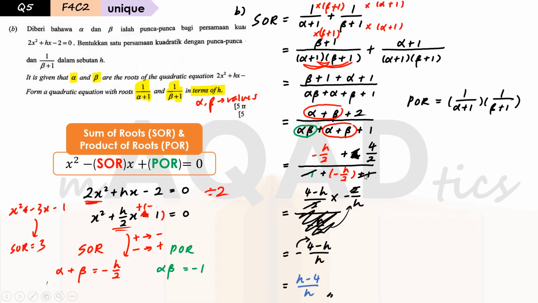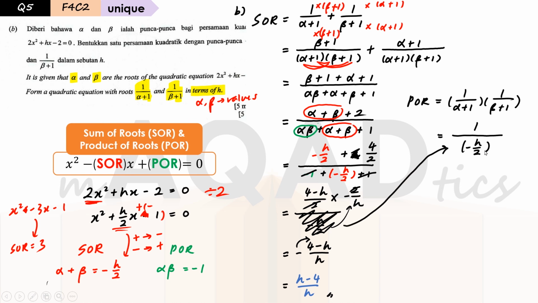And then if we simplify, it is actually negative h over 2. Since we are multiplying alpha plus 1 and beta plus 1, we can just take the final result that we have gotten in SOR.